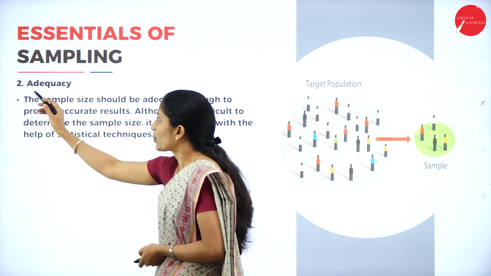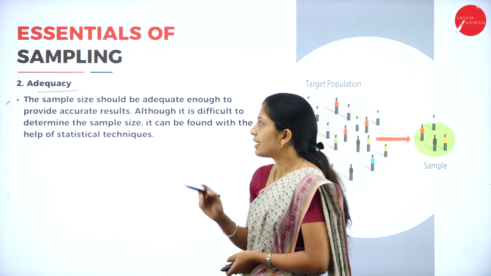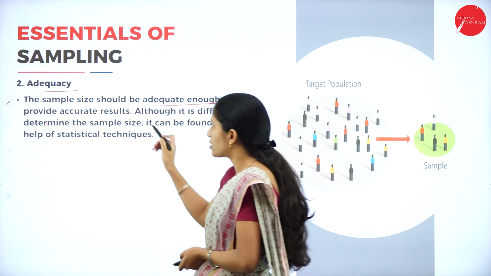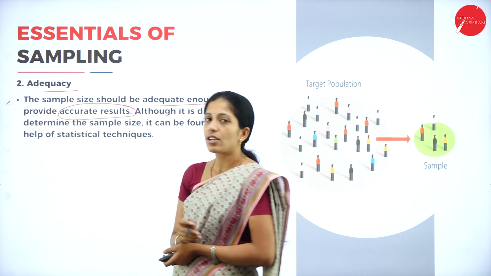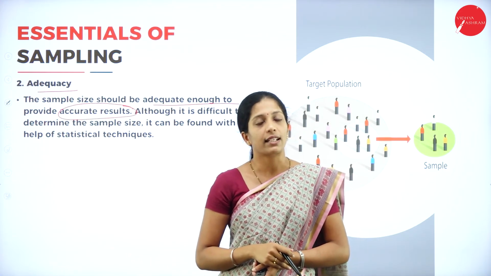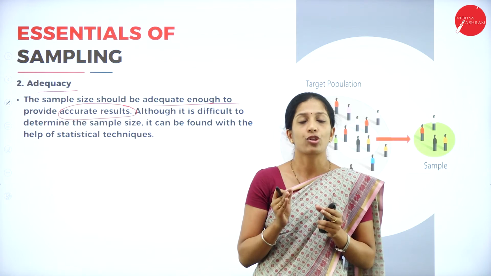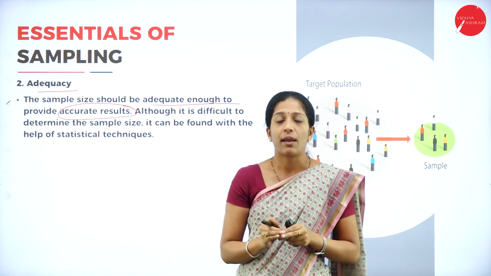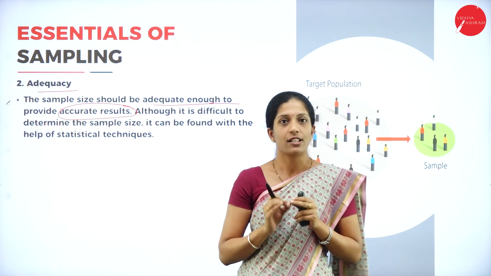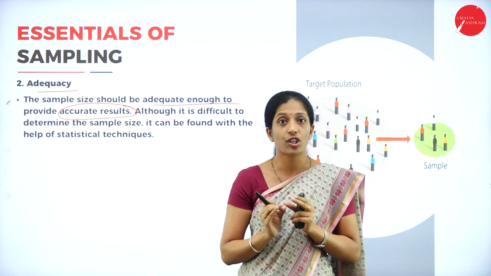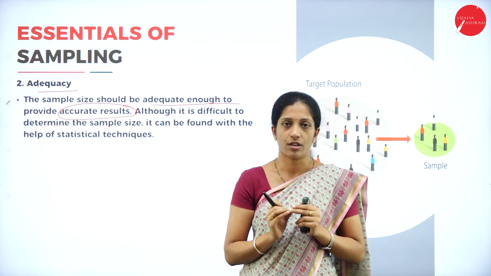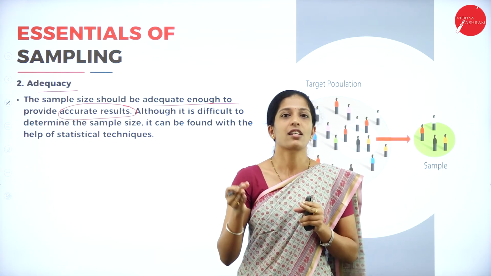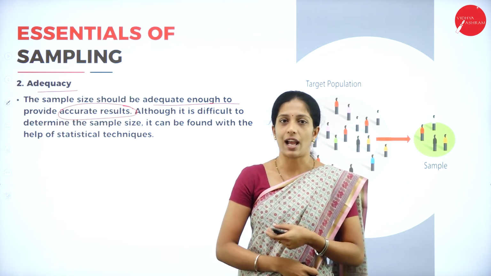Next one is adequacy. The sample size should be adequate enough to provide accurate results. The researcher has to be very careful while selecting the sample. He has to make sure that from the selected sample, adequate or sufficient results can be obtained. If they can't provide sufficient results, then the results of research will be inaccurate.